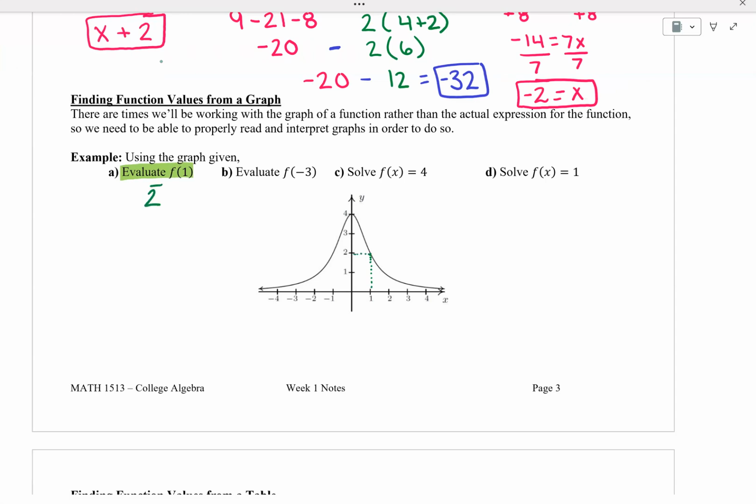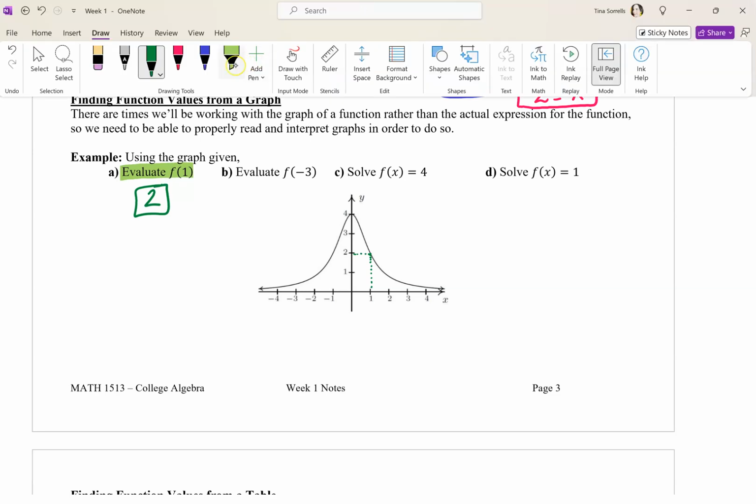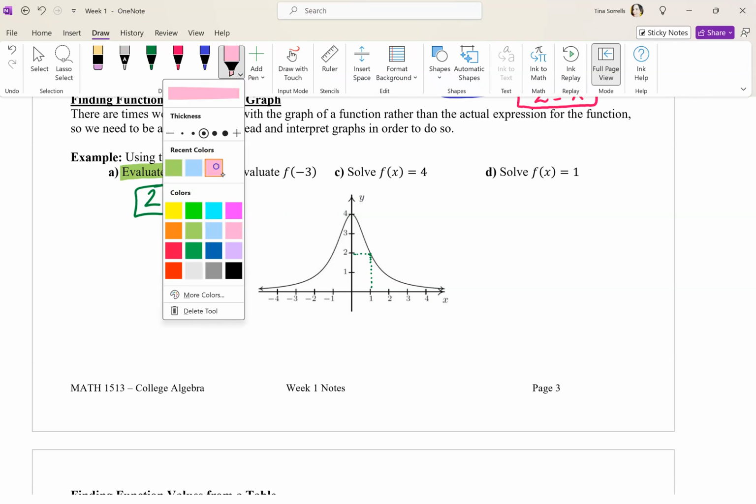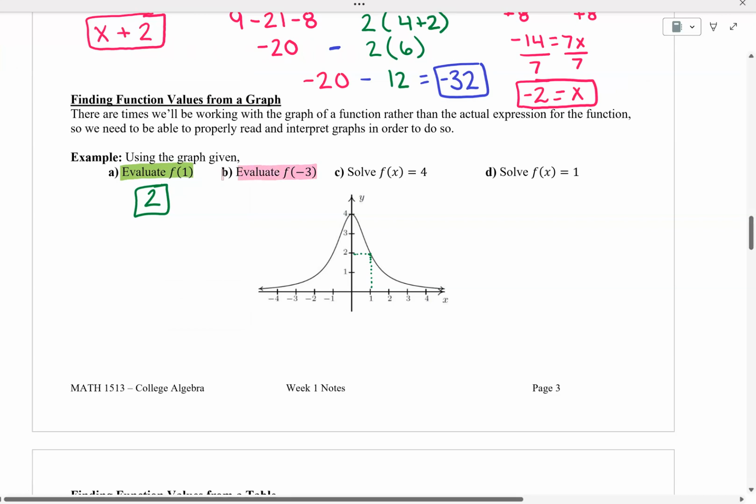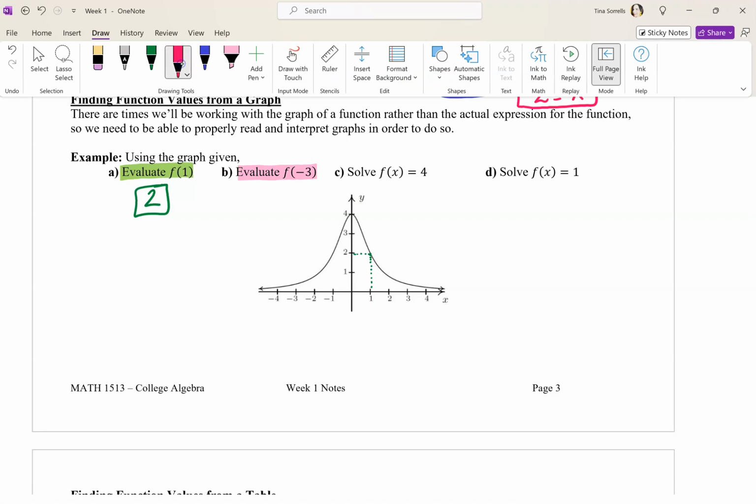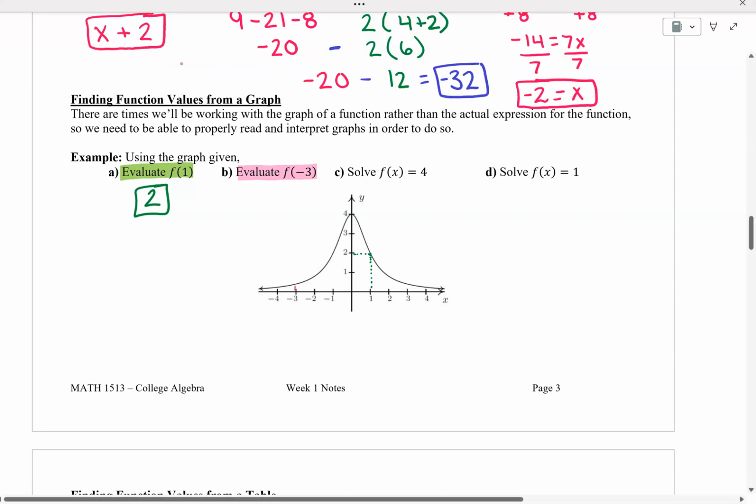So the answer is 2. Okay. And of course, if there's any time you want to pause this video, if you want to practice them on your own, you are more than welcome to. We're going to do this one in pink. So now it's wanting me to look at a -3. So it looks like that one might be a half.